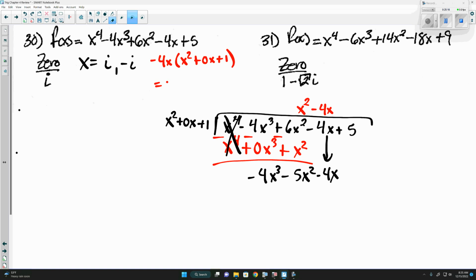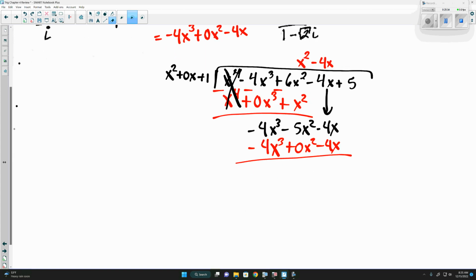And if we multiply this here, we're going to get negative 4x cubed plus 0x squared minus 4x. And again, we're going to subtract. 4x cubed minus 4x cubed is going to be 0.